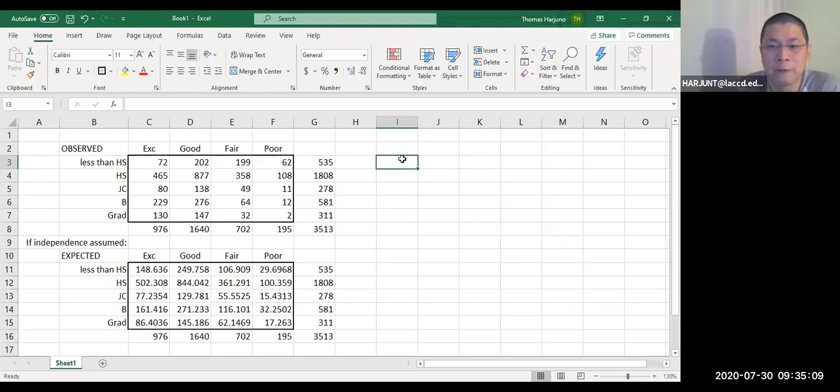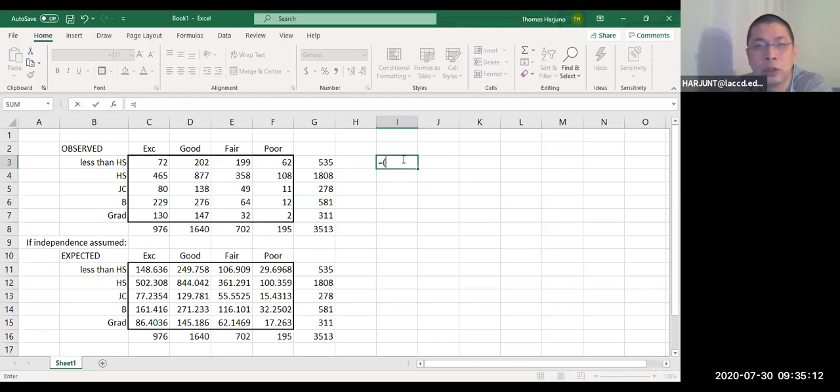So here's the thing. That's equal to the observed minus the corresponding expected, squared, divided by the expected.